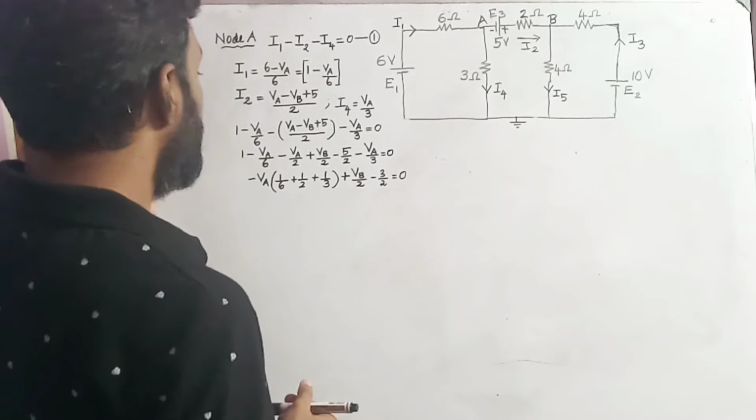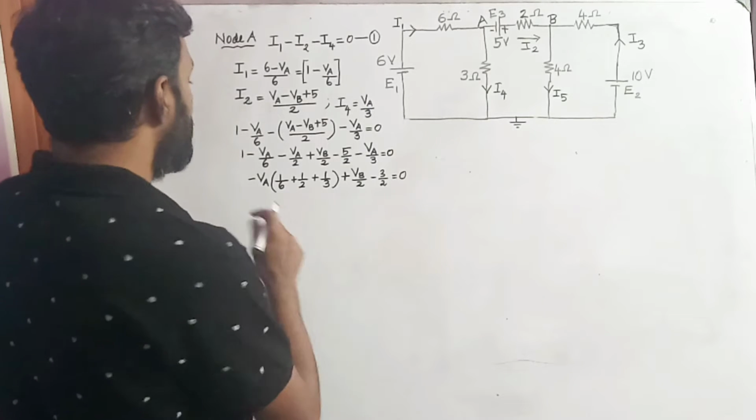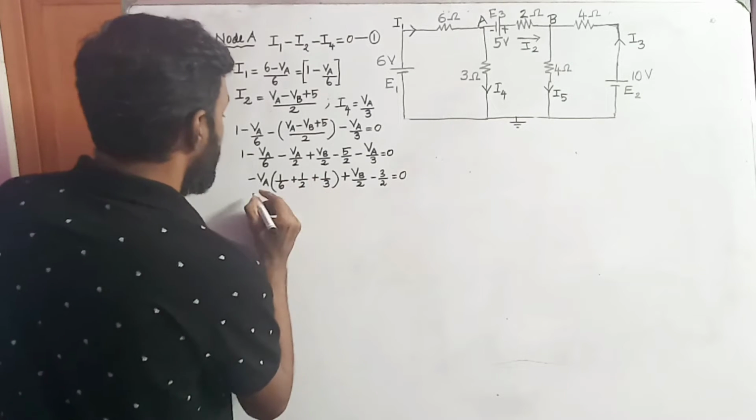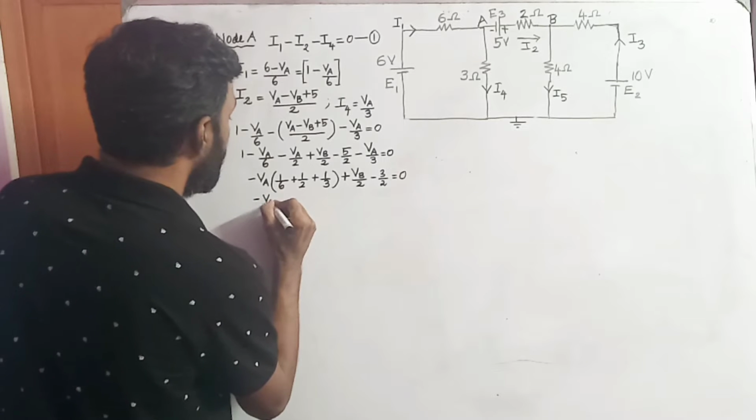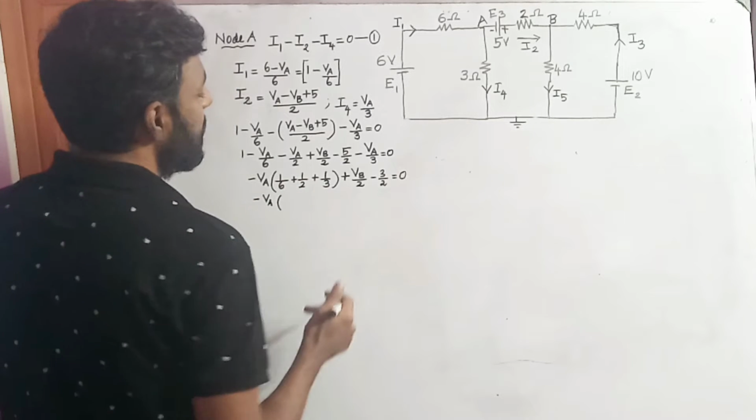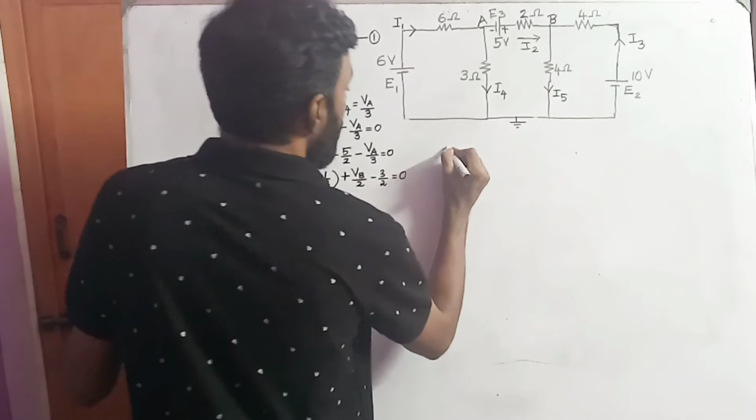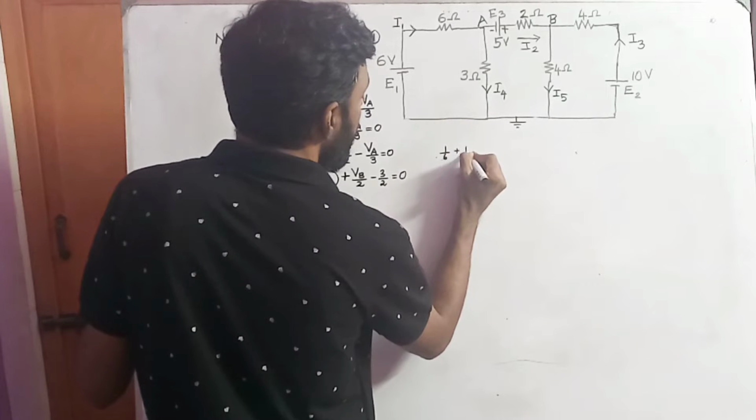So now what I'm going to do is simplify this one: minus VA into 1 by 6 plus 1 by 2. So 1 divided by 6 plus 1 divided by 2.